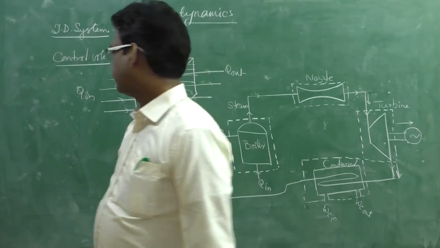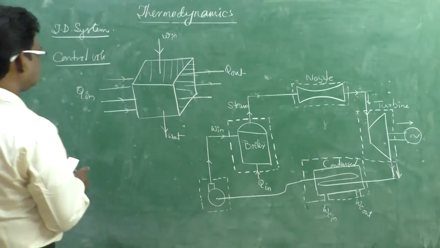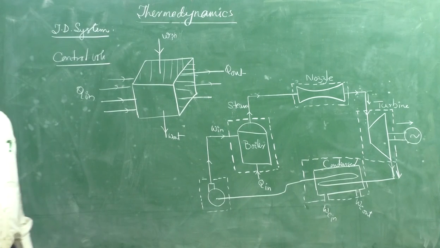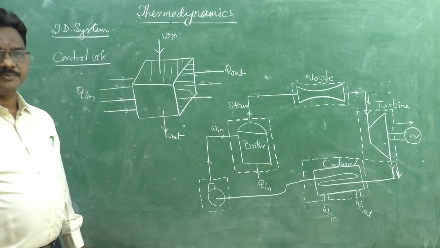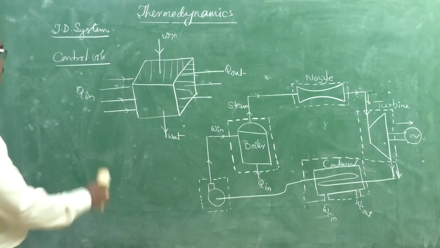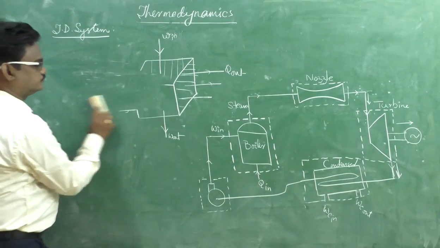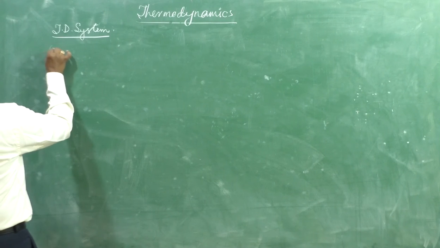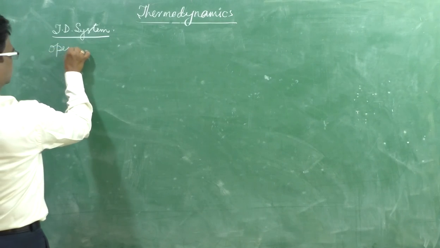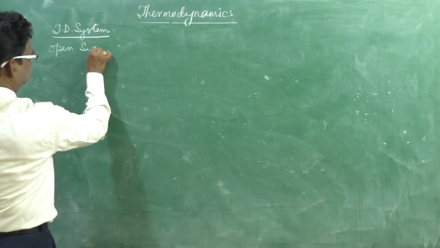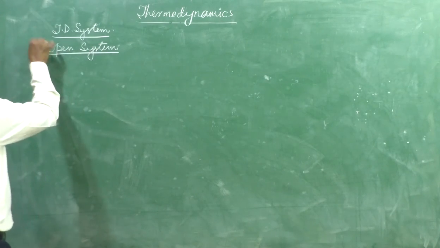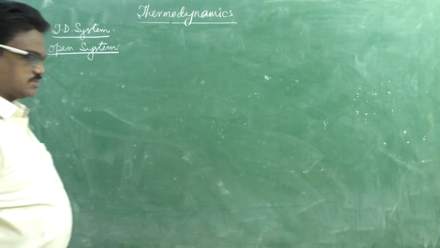Right? Now, what are the different systems we generally see in thermodynamics? We will discuss now. First one is the open system.